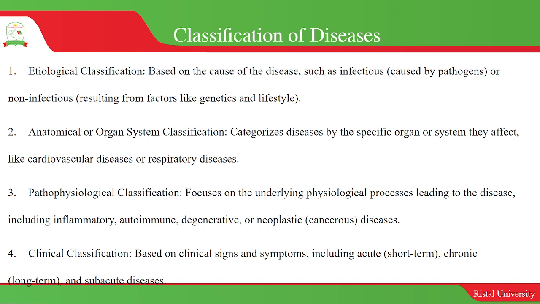Diseases can be classified in many ways, whether according to what causes them, that is etiology, what organ system is being affected, or the mechanism through which the disease process happens, that is pathophysiological classification, or according to the clinical signs and symptoms, whether it is acute or chronic or subacute.